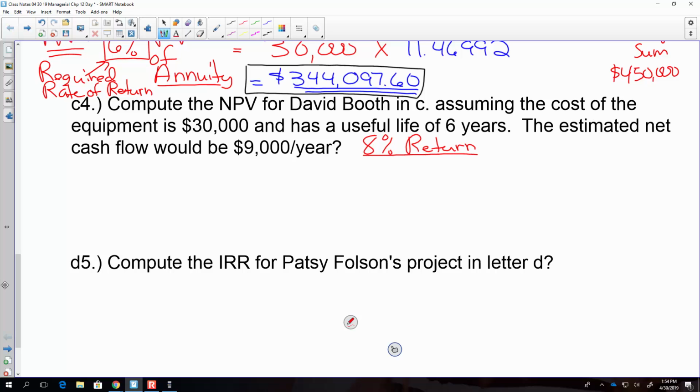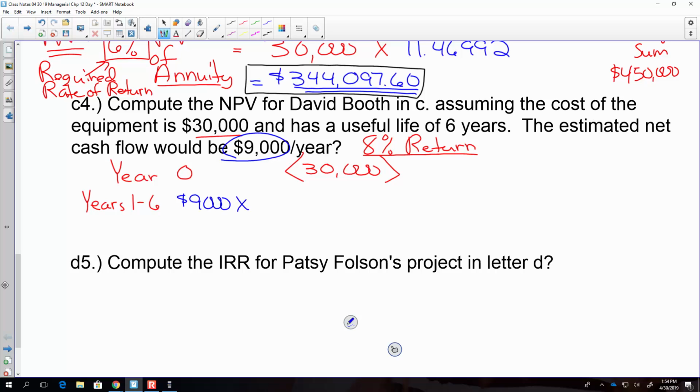So here again in year 0, I'm spending $30,000. So that's an outflow. In years 1 through 6, I'm getting $9,000 per year.